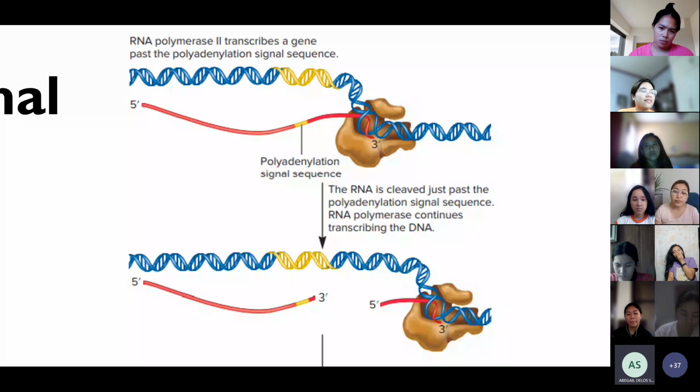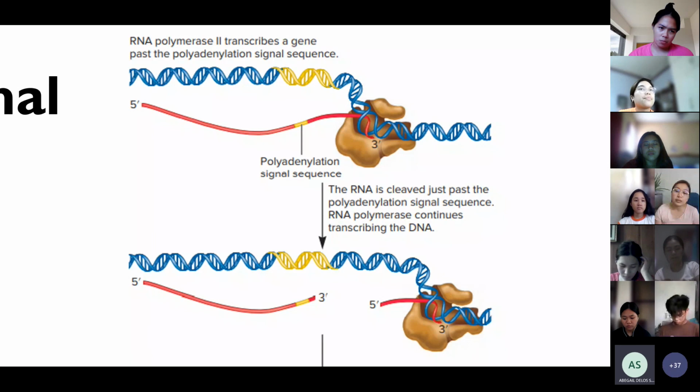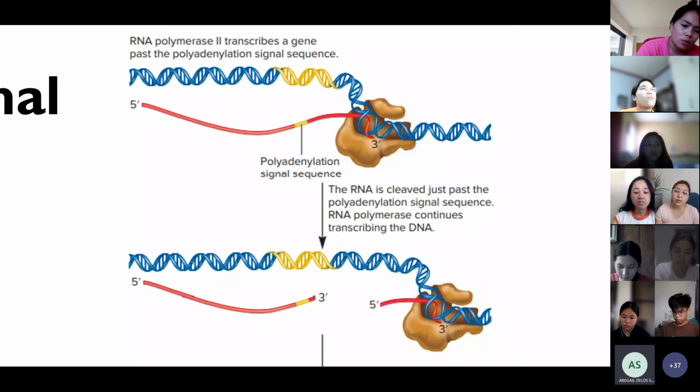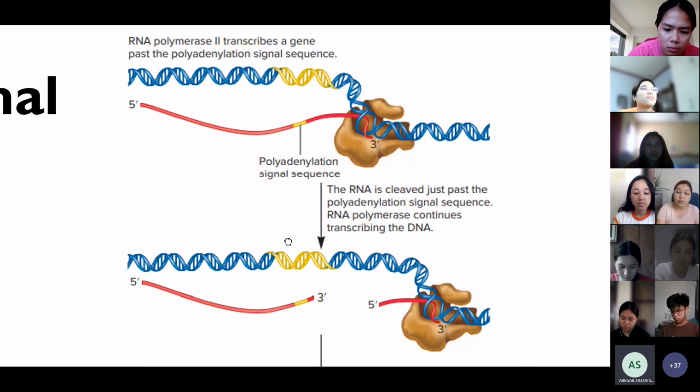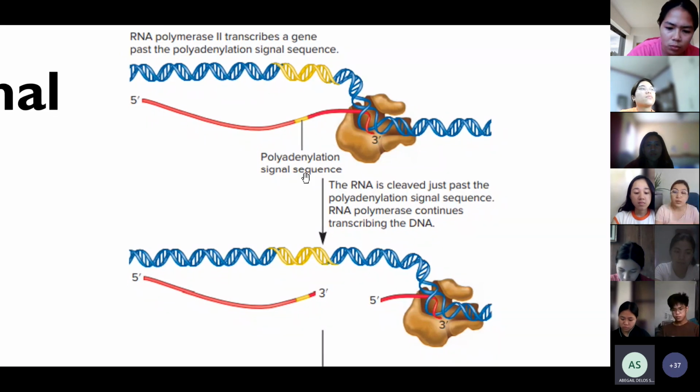As we have discussed before, RNAs in the eukaryotes are modified by cleavage near their 3' end and the subsequent attachment of a string of adenine nucleotides. This process, which is called polyadenylation, requires a polyadenylation signal sequence that directs the cleavage of the pre-mRNA.